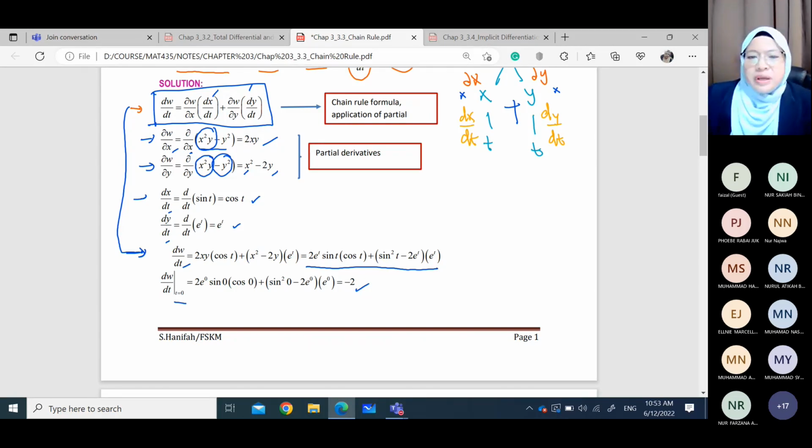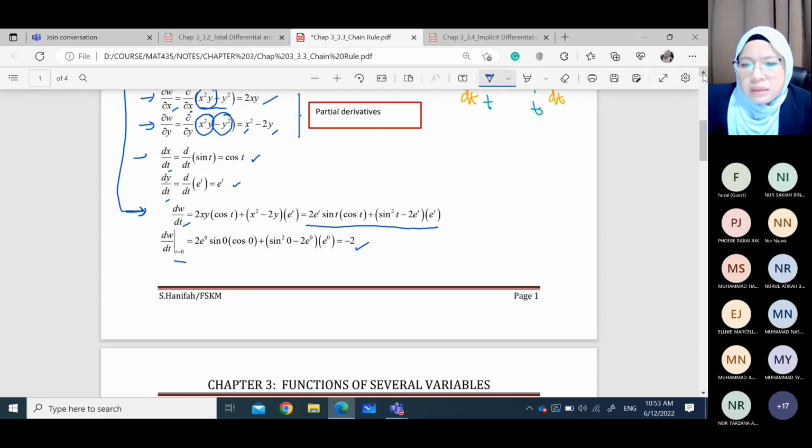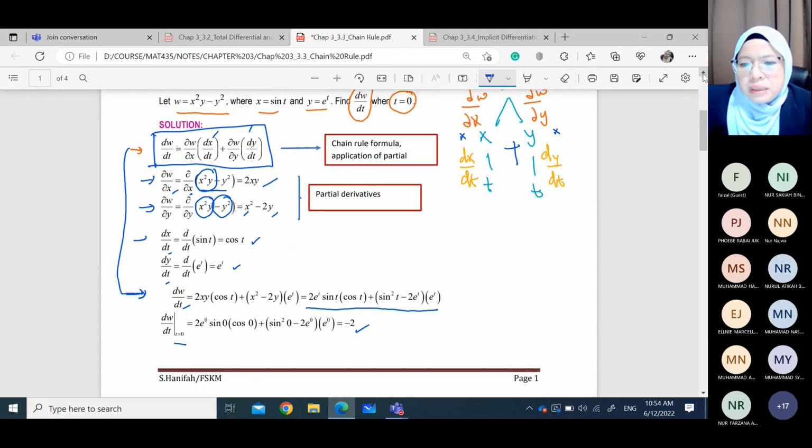Right? So any question? So kat sini ada we have about 3 methods. The first method is about partial derivative. Second method we differentiate. Okay, ni method yang kedua.